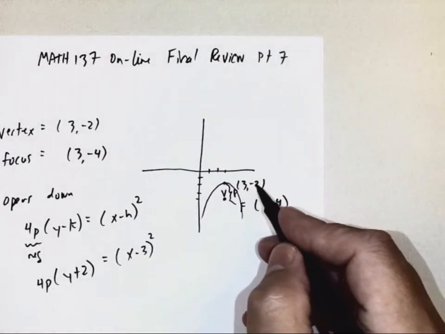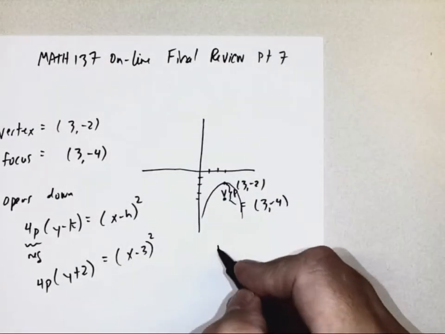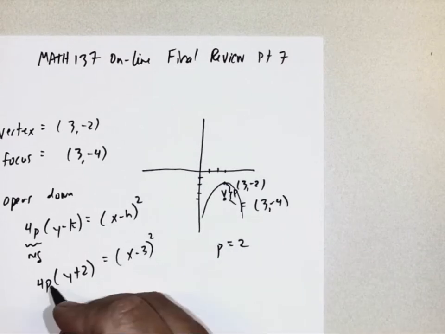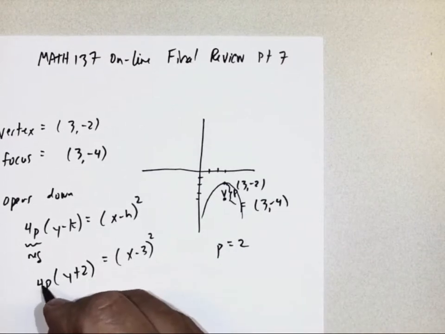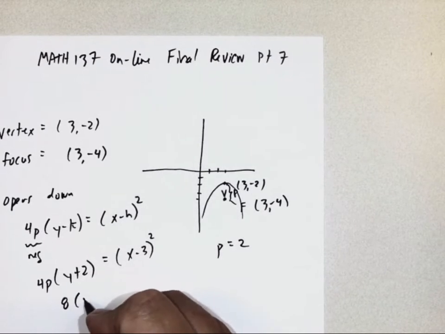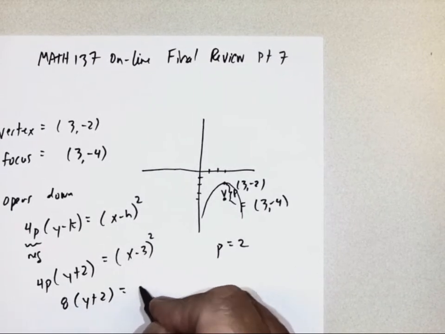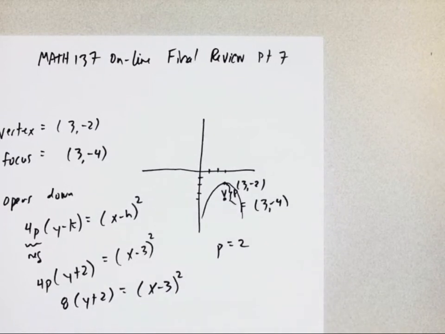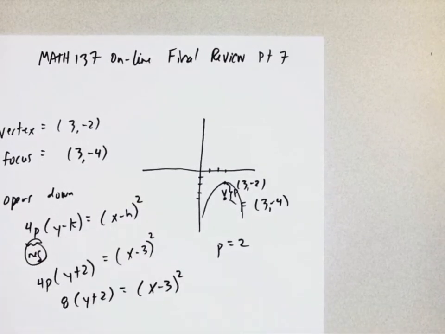And what's the distance here? It's actually 2. So p is 2, so I put a 2 in here. 4 times 2 is 8. So actually, I have my equation, although I can't forget this factor right here. Since it opens down, I have to make that a negative.